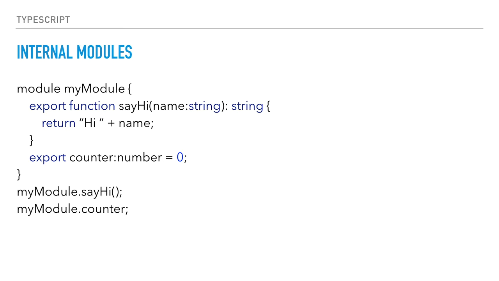But once you mark a function or a variable, for example, in this case, say hi is marked as export, and the variable counter is also marked as export, then you can call your module and execute the functions and also read or write the value of the counter. So this is a way to expose data outside your module.